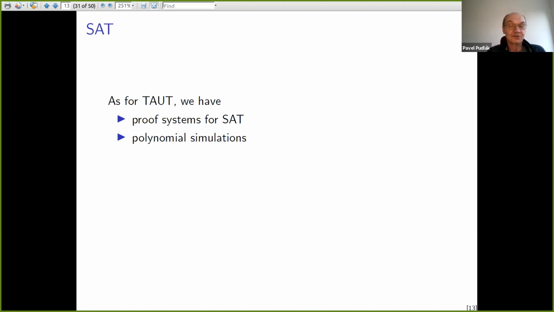SAT is, of course, very much different from TAUT, but we can also consider proof systems for SAT. What is a proof system for SAT? It's just any evidence that proves that a formula is satisfiable. Polynomial simulations are exactly the same as for TAUT: you transform a proof in one proof system into a proof in another proof system in polynomial time.